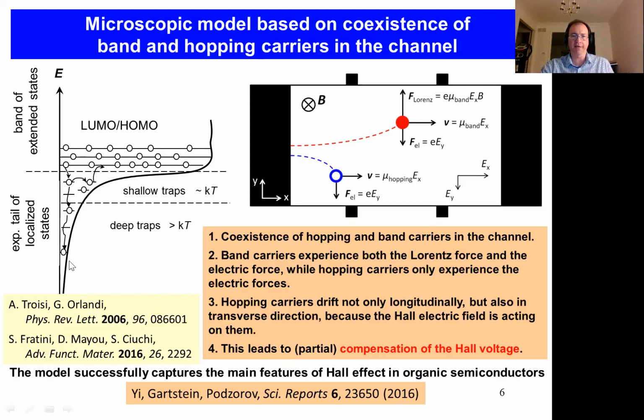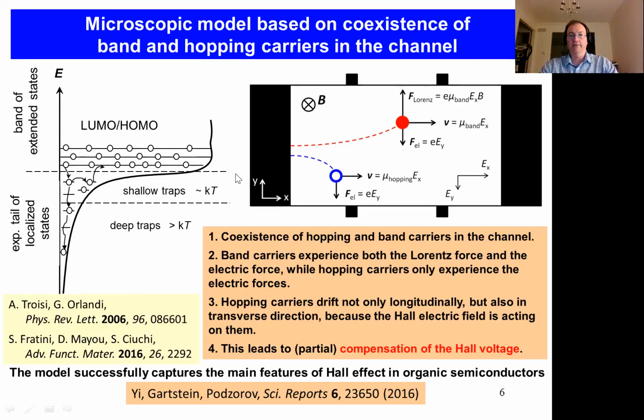Usually it's an exponential tail of localized states that are significant in these systems. And so also there is a band, the band of states here, these delocalized states. So when you pour charge carriers into such a system, you fill all the states up to a certain level, usually somewhere in the vicinity of the mobility edge.